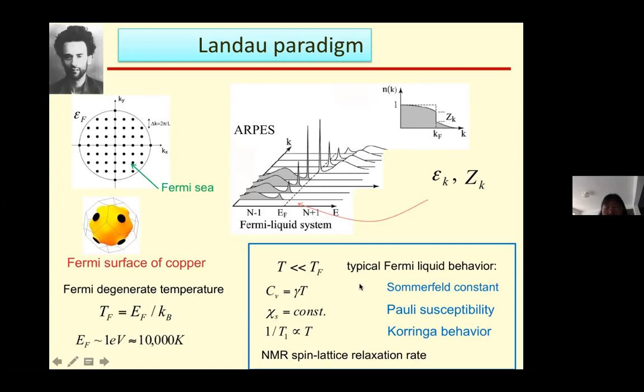And some typical experimental results include the specific heat measurement, Pauli spin susceptibility, and also NMR, spin lattice relaxation rate. If we have a Fermi liquid, then we expect the linear T dependence for specific heat and the constant Pauli spin susceptibility, as well as 1/T1 proportional to temperature.